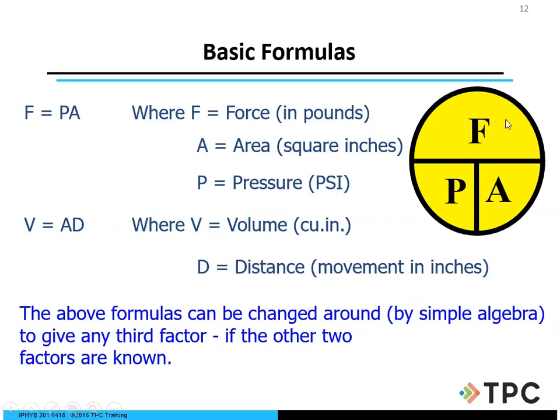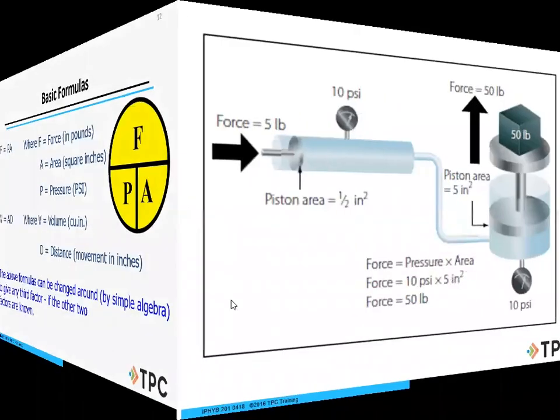So it can be changed around. I put it like this instead of using algebraic manipulation throughout the whole system. I can just do it like this. So very easy to do. And volume equals area times my distance over here. So how far can we go within our hydraulic system? Basic formulas, nothing real rocket science. We can handle it.